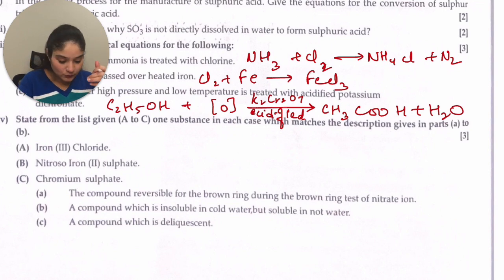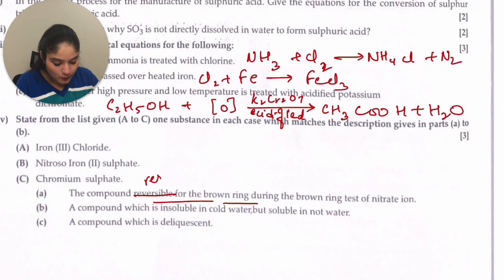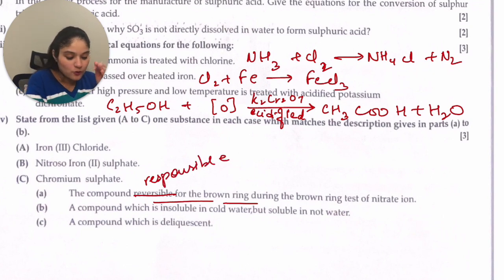So let's quickly see. A compound responsible for the brown ring during the brown ring test of nitrate ion is nitroso iron sulfate.